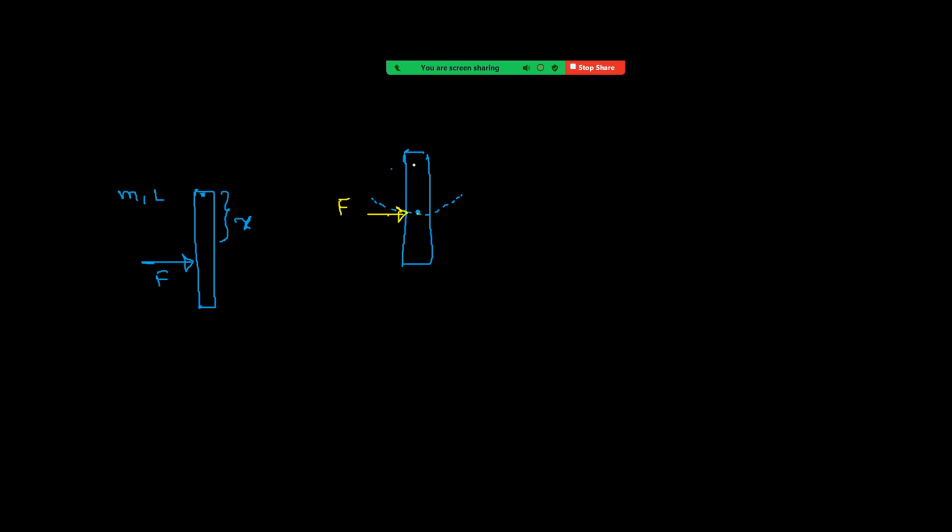We have to find just after applying the force, there is no hinge reaction. Just after applying, see what happens here. Center of mass is having acceleration, which is along the tangent because it follows a circular path. That means acceleration of center of mass is the tangential acceleration, which is equal to r into alpha. And r will be L by 2, so L by 2 alpha. Okay.